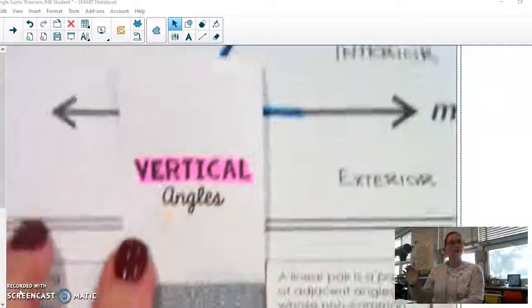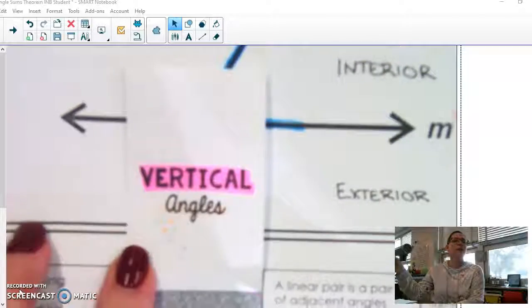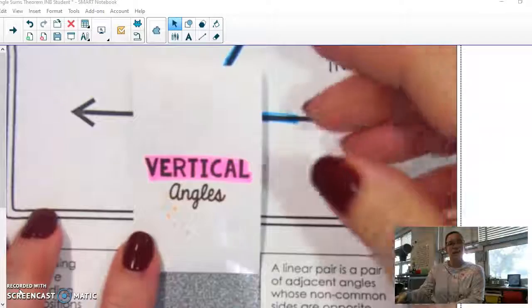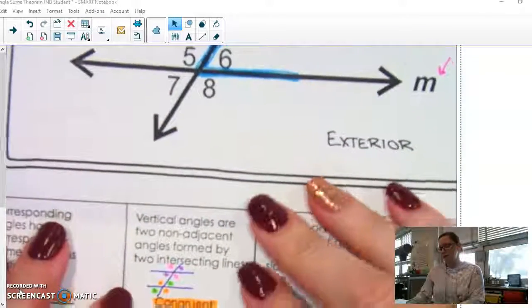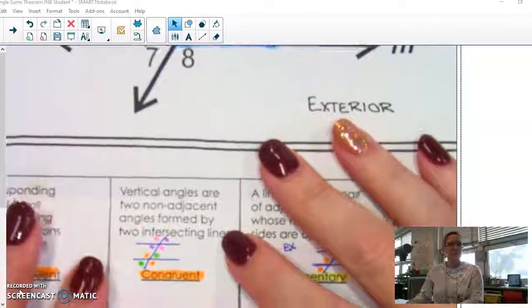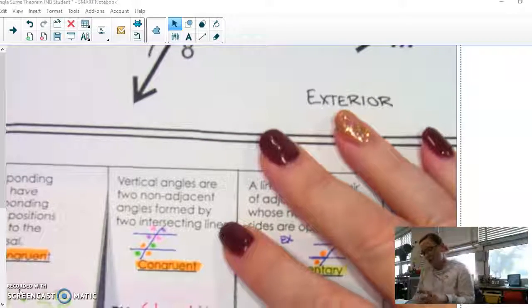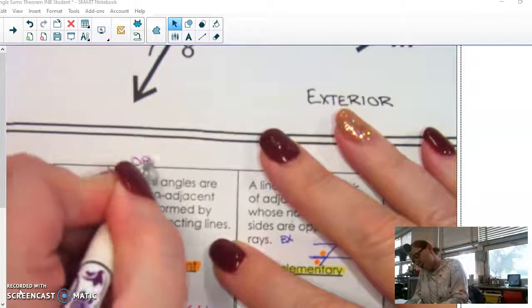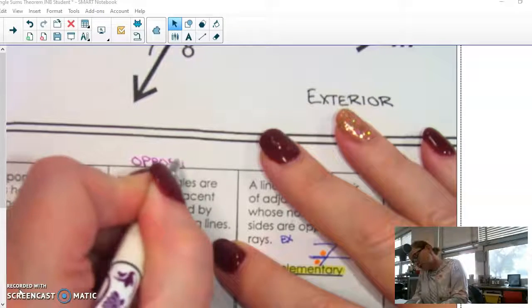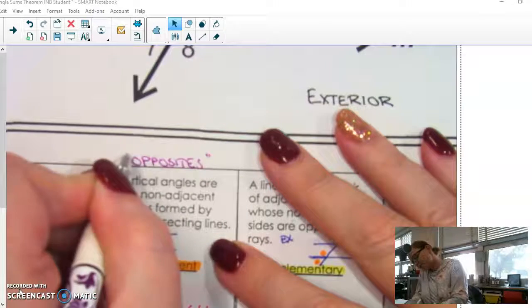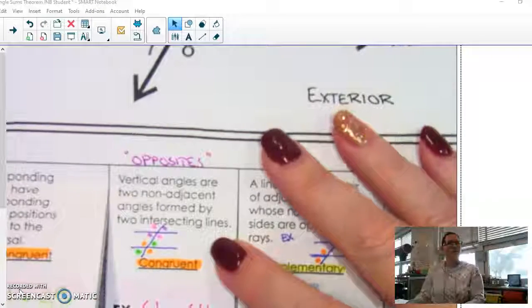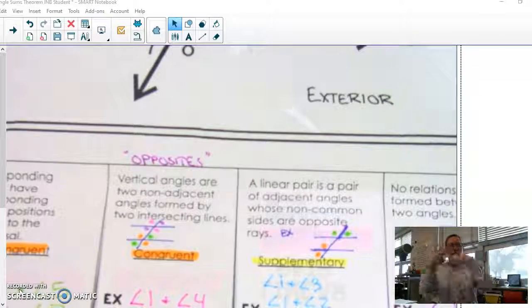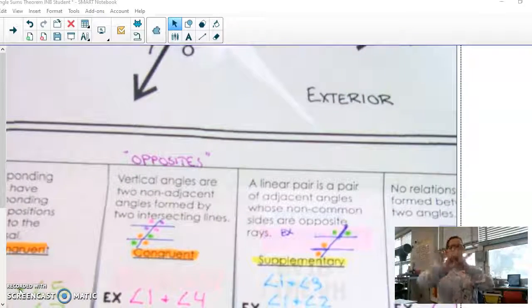All right, the next one you need to know, vertical angles. Vertical angles are the ones that we say are the opposite of each other. I would even throw that word in there. Vertical angles are opposites, because that's what we used in class. They make that kind of reverse V we were looking at in class.